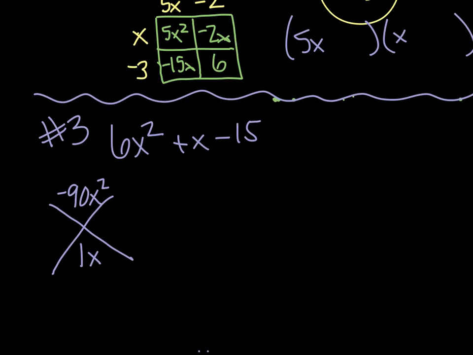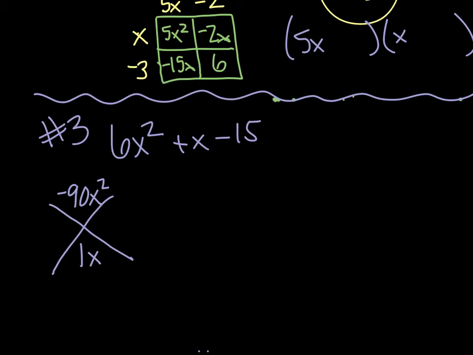So this is where you guys might need to break out the calculator. So let's see here. Factors of 90. So I know factors of 90 could be 45 and 2, 90 and 1, 10 and 9, 30 and 3.